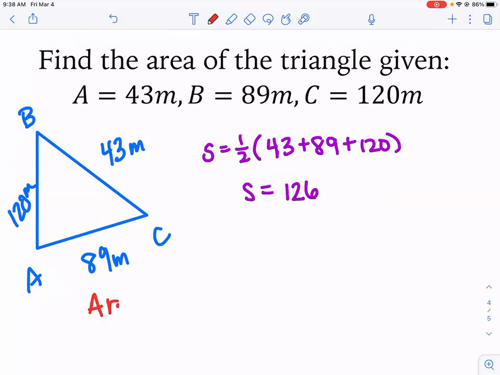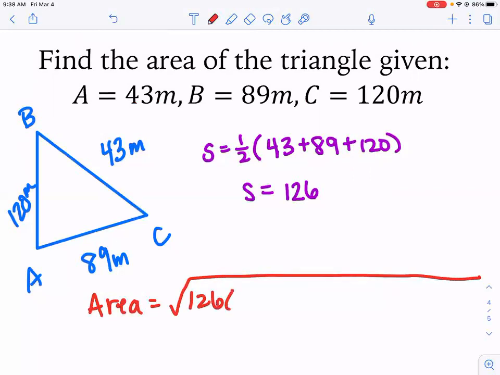Okay, so then your area is going to be the square root of S times S minus side times S minus side times S minus side. And guys, let's use our calculators to help us. Don't individually find those three differences. Just put it in your calculator like you see it right here.